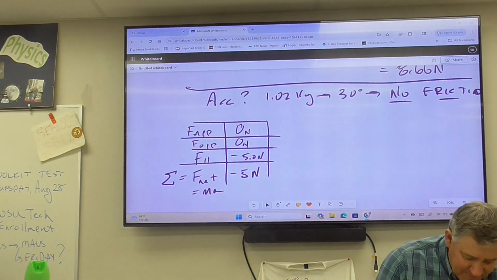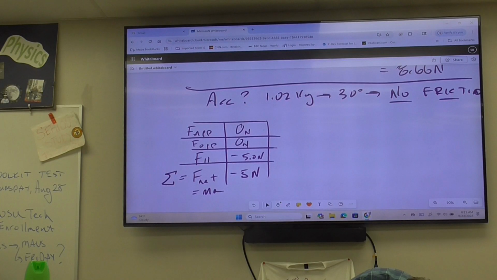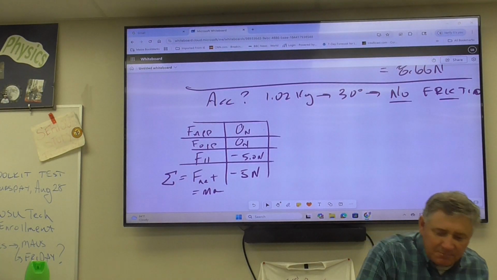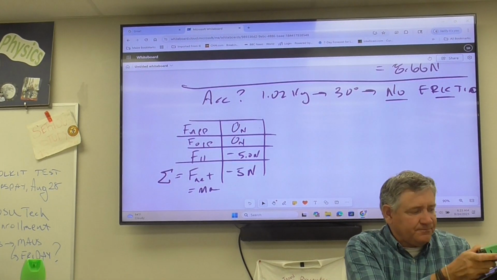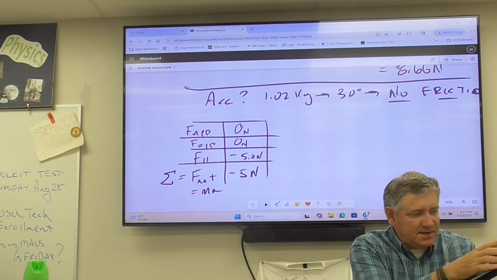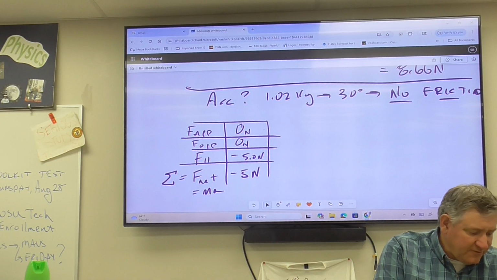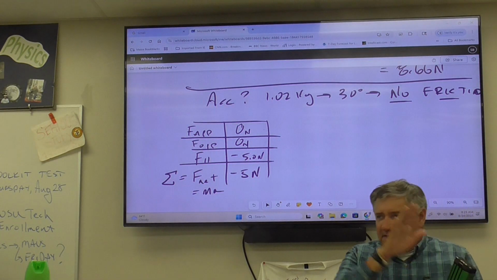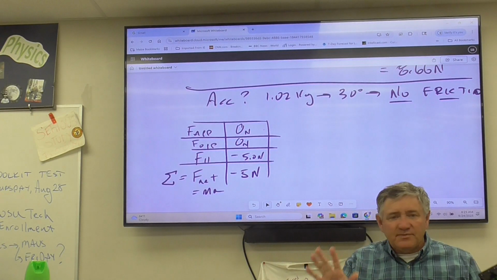So when I have this inclined plane at a 30-degree angle, and I let go of it, there is only one force, and one force only, that's making that cart move down the inclined plane. There's nothing else. That's it.